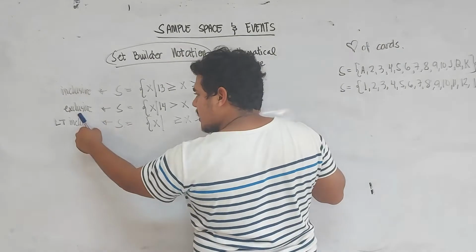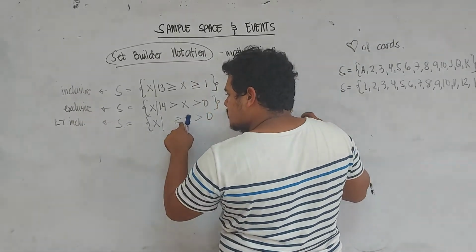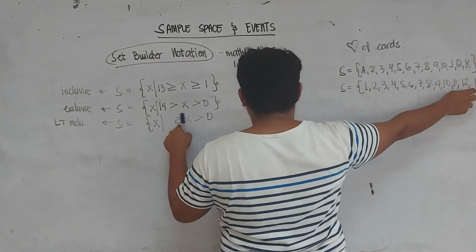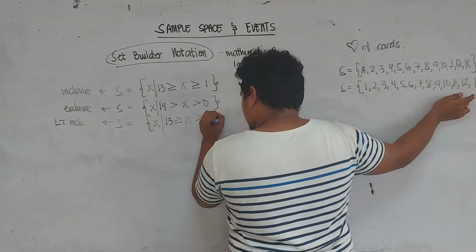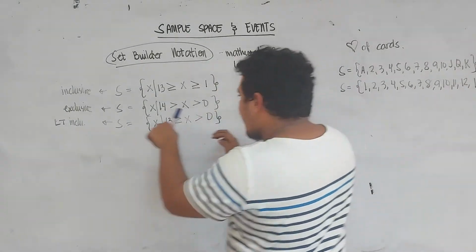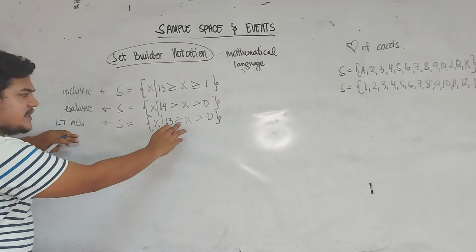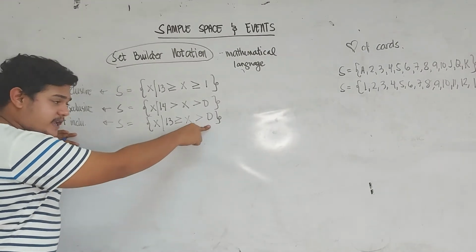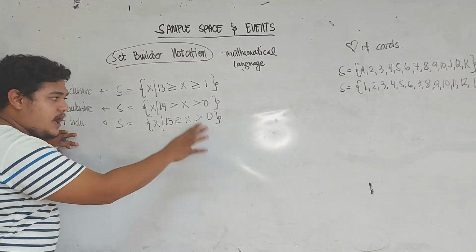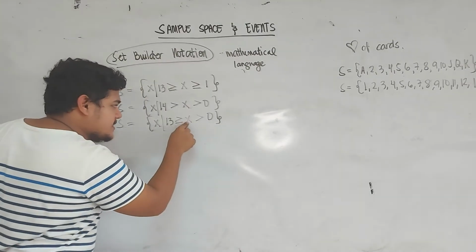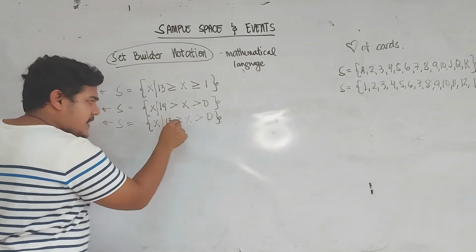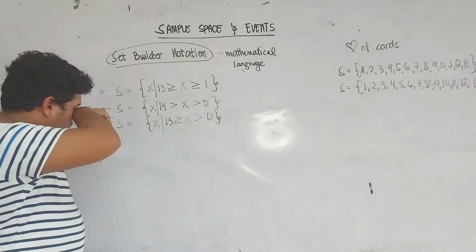Apil siya sa inclusive ang lesser than. So lesser than or equal to 13. Sa greater than, wala yung apil. So, X is greater than 0 but lesser than or equal to 13. Okay, next one.